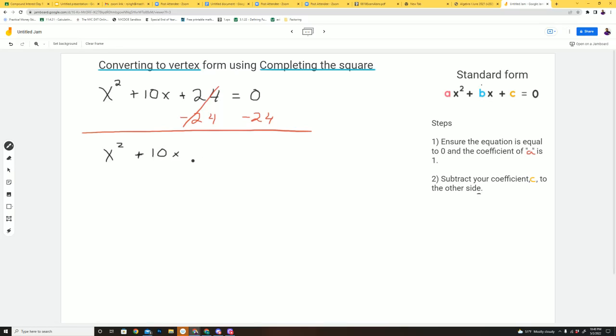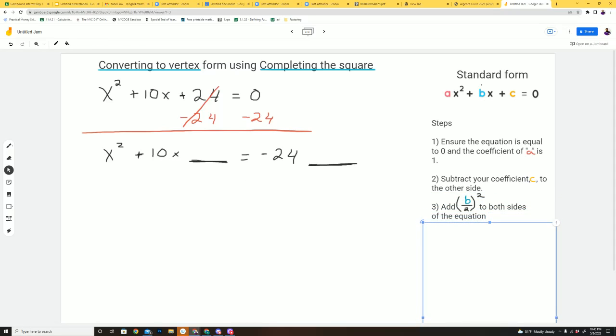For completing the square, I know that we subtracted this, but we want to leave a little blank right here. You can draw the line to leave the blank too. Equals 0 minus 24 is negative 24. And we're also going to put another blank on this side of the equation. Now you're going to see what that is for in just a moment. So our constant is now on the other side.